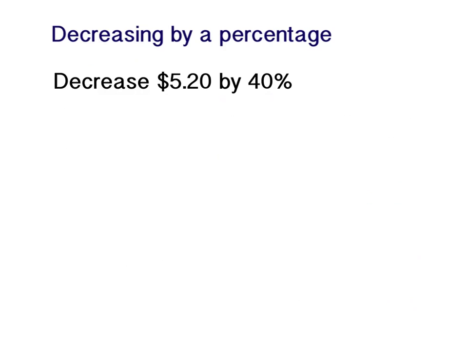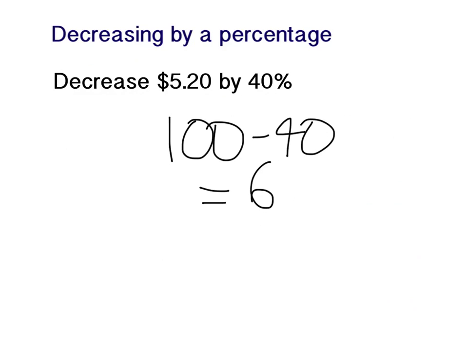So what's the relationship between 100% and 40%? 100 minus 40 equals 60%. So if I'm to decrease $5.20 by 40%, I'm technically looking to find 60% of $5.20.